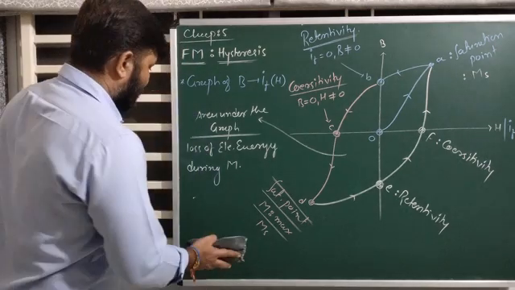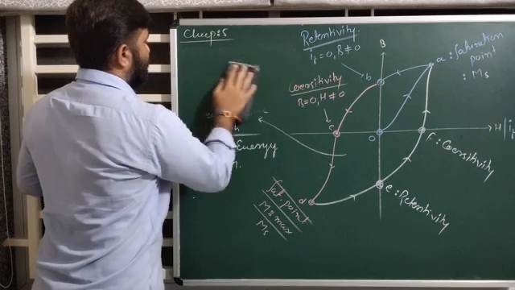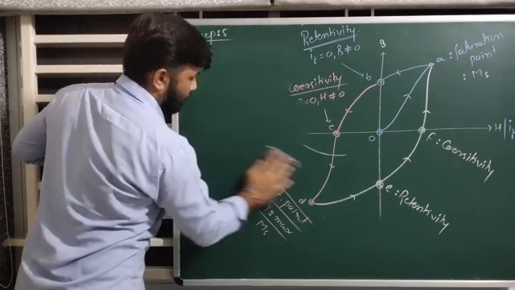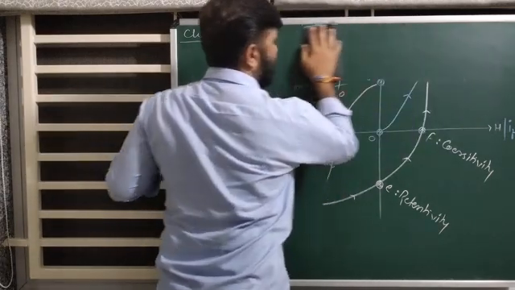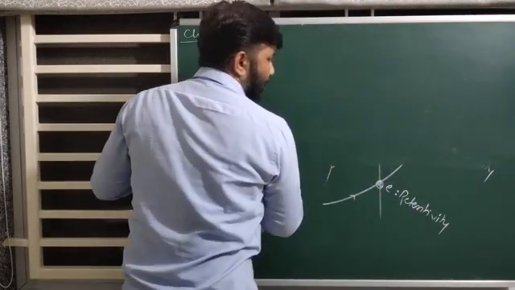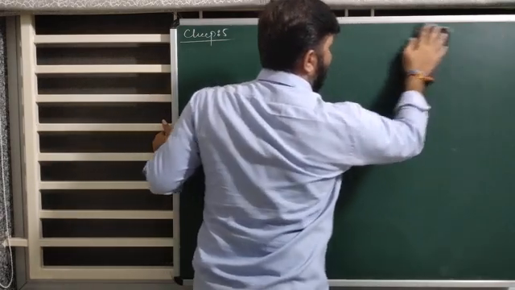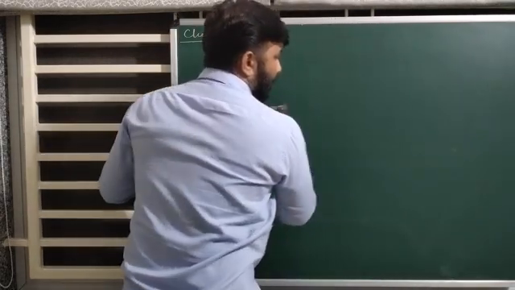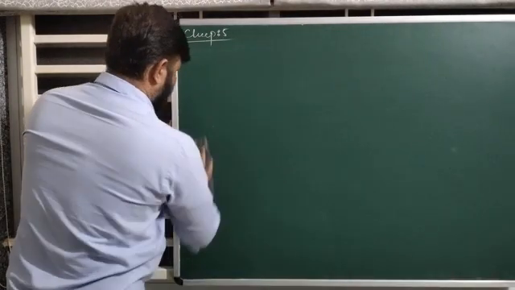Clear? Okay. See. Now after this, we have types of ferromagnetic material. Clear? Ferromagnetic materials are of two types. Okay?